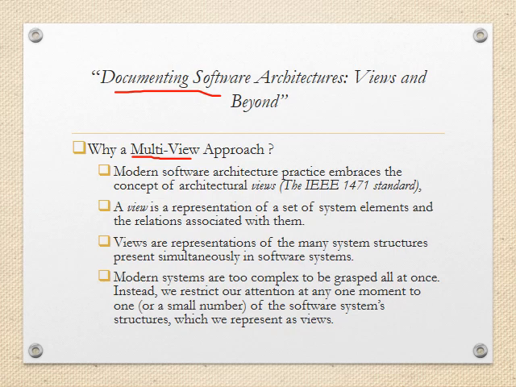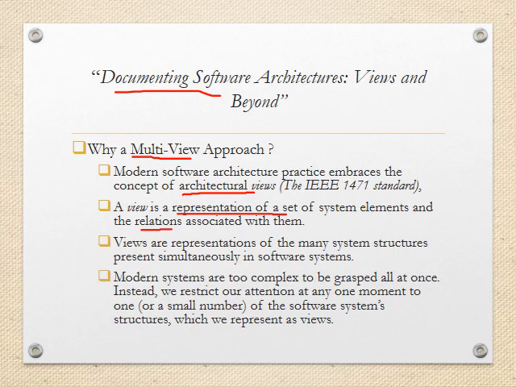Modern software architecture practice embraces the concept of architectural views in the IEEE 1471 standard. A view is a representation of a set of system elements and the relations associated with them. So now if we look at the view, it's a representation of the system elements and the relations between them.